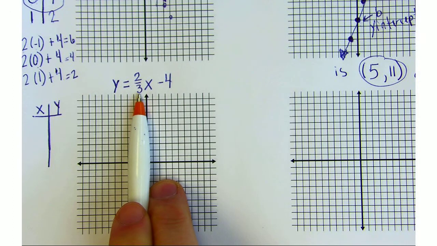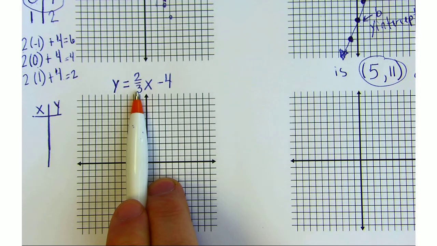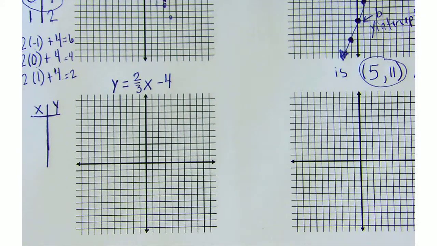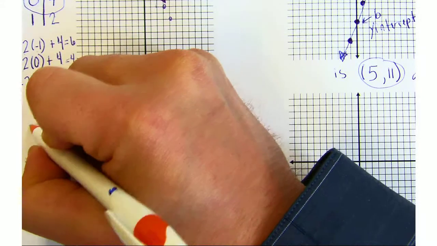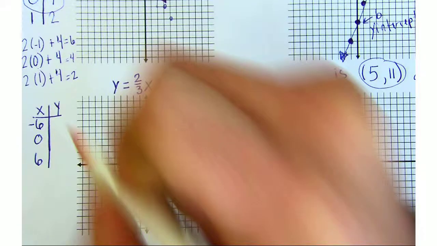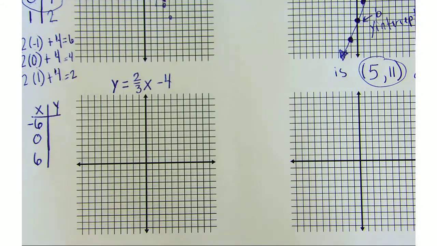So I'm going to think of numbers that are divisible by 3 to use those. And with the size of this graph, realistically, I'm going to say something like maybe 6 would be a good one to use. So I'm going to say -6, 0, and 6. And if you're not sure, you'll see in a second why I chose those numbers.